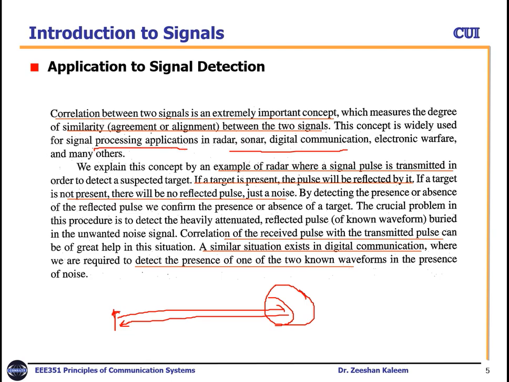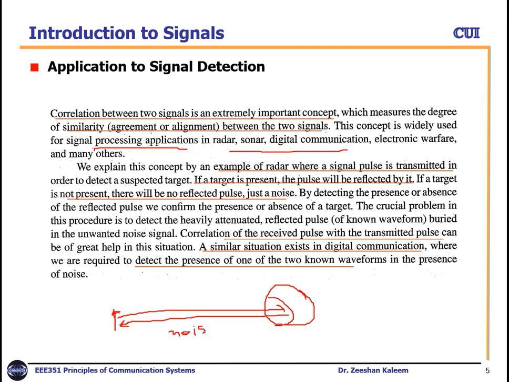A similar concept is used in digital communication, where we are required to detect the presence of one of two known waveforms in the presence of noise. So there is a problem of noise as well. If you transmit the signal and it comes back here, noise will be added in the reflected wave as well.